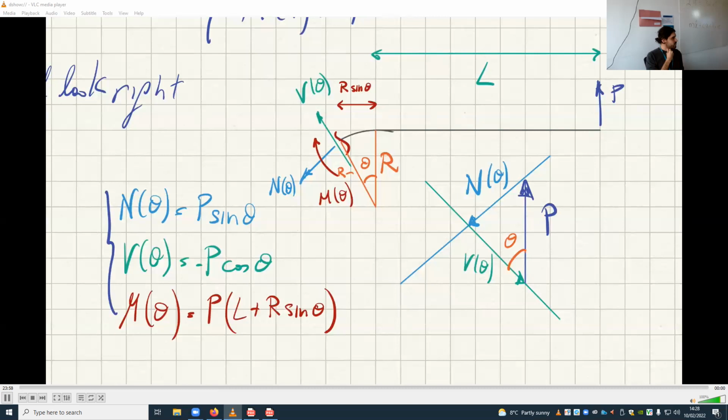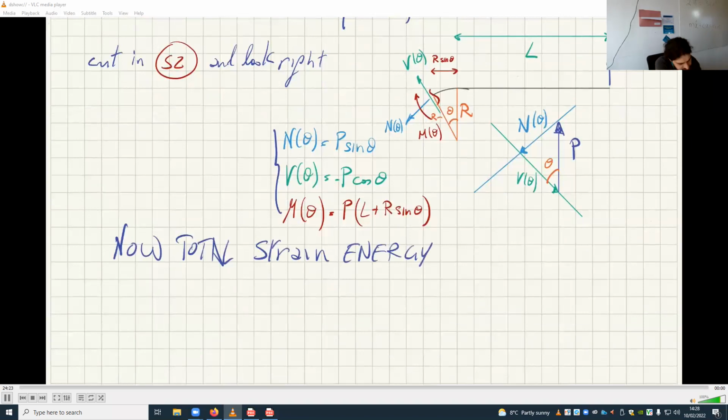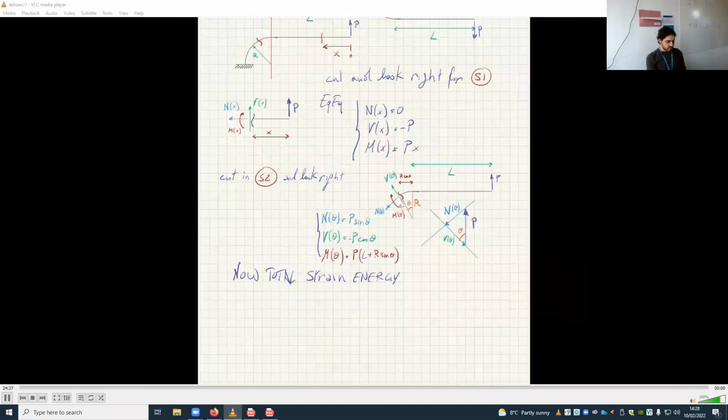Now we can start using strain energy. So far, this was just first year stuff. Now let's go to the third year stuff. Third year stuff is strain energy. Now, total strain energy. What is the total strain energy of this structure?